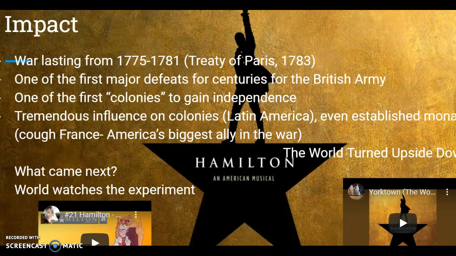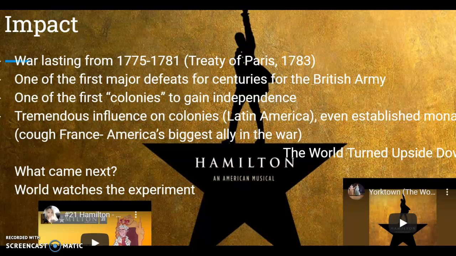Well, what was the major impact on the world? Americans tend to think that we're really important. And I'm not saying we're not, but we sort of exaggerate this fact. But I think in this case, you can make a solid argument that this had a tremendous impact on the world. It was the shot heard around the world. That was the first shot of the American Revolution.